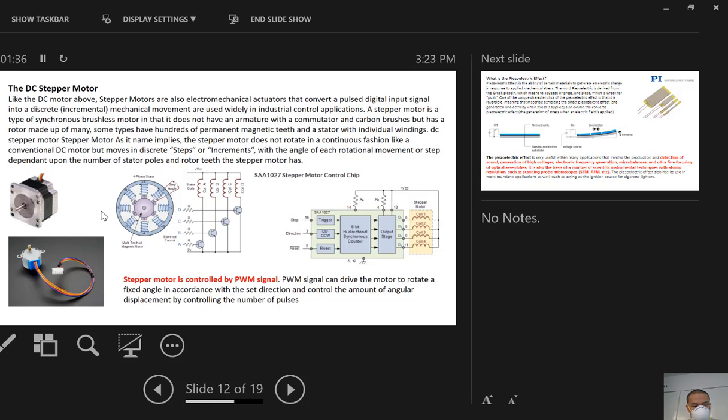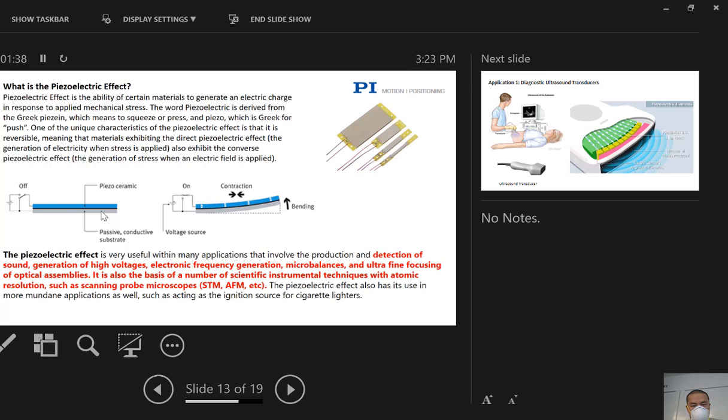I'm going to introduce this later. And here's a piezoelectric, that's the actuator, like I just mentioned. You apply a voltage, and it is able to bend, depending on the voltage intensity. And at the same time, if you press it, a voltage will appear across the two surfaces, from the top to the bottom.